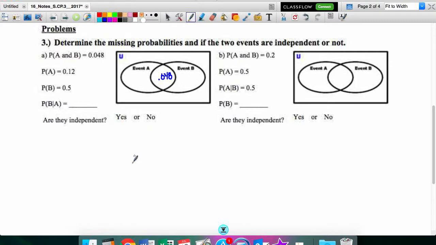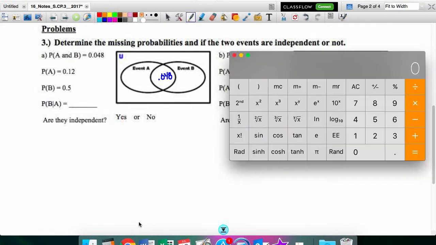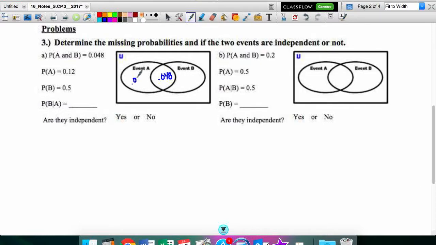If I subtract these two, 0.12 take away 0.048, I'll get what's left over in the bubble on the left, giving us 0.072.